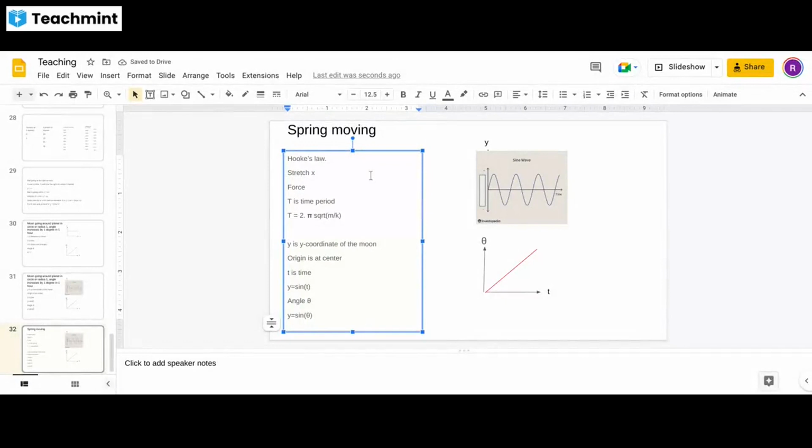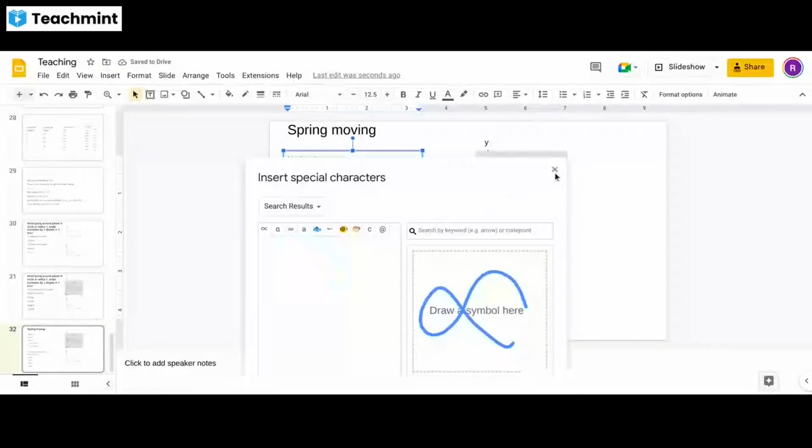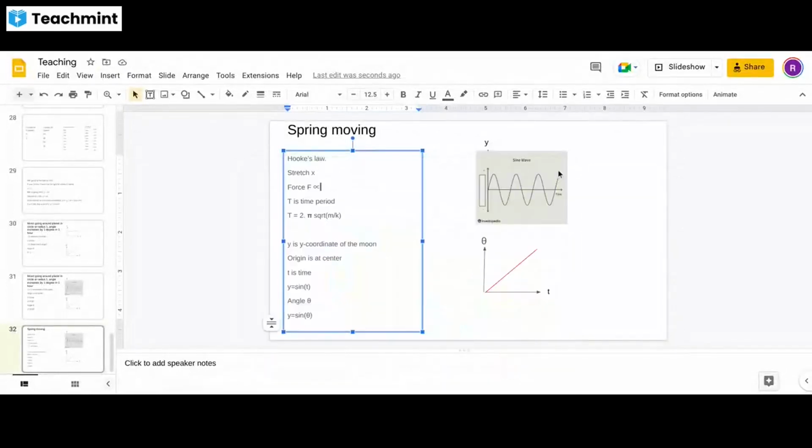I don't know how to write proportional. Let me see if I can insert that symbol. Oh yeah, proportionality. Okay, F is proportional to x. So force is equal to some k times x.